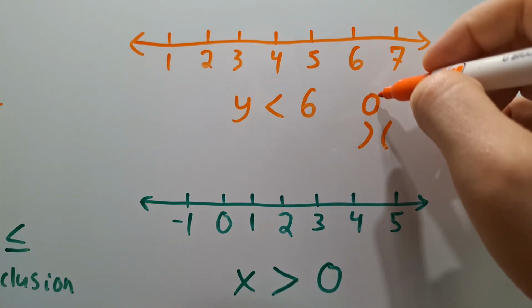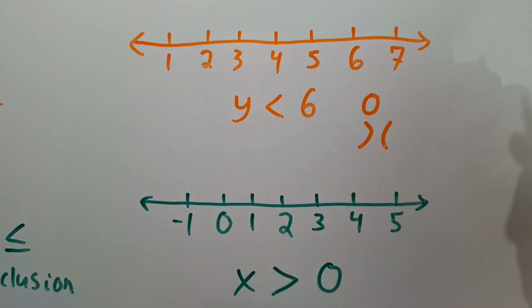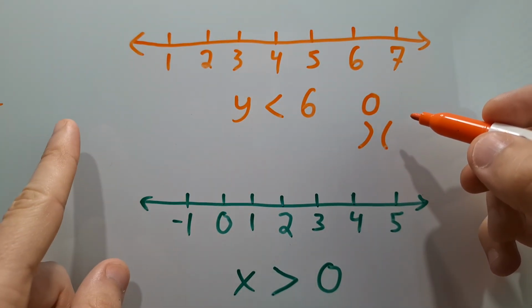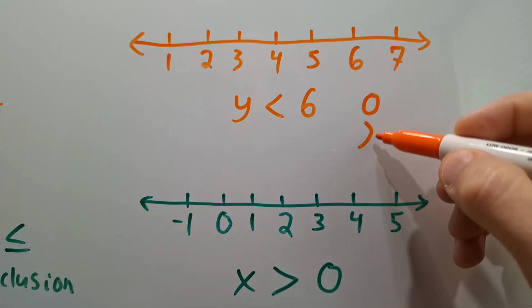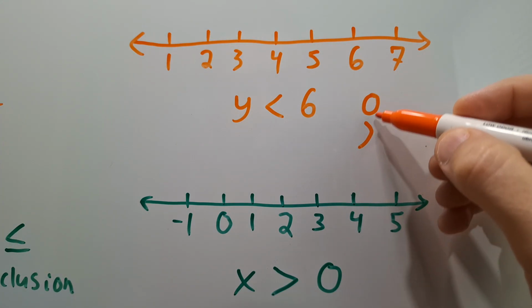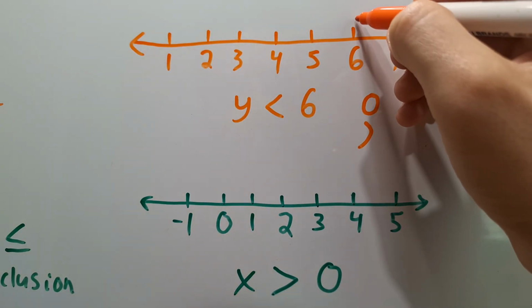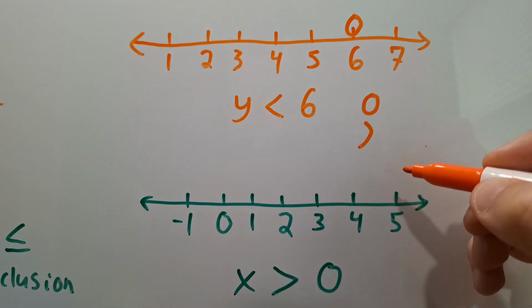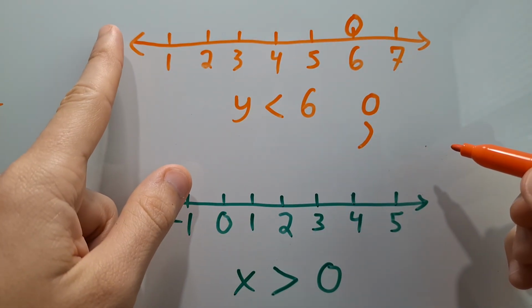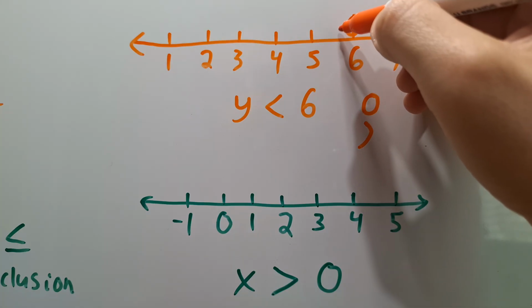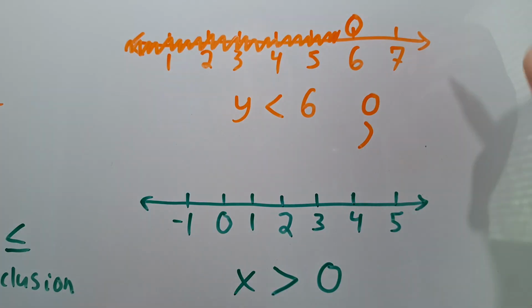What you would do is you would draw either of these symbols, not this one, because we're talking about values that are smaller than 6. So either one of these, the open circle or the open parenthesis, are acceptable. I'll use an open circle. And then what you do is you will shade on the number line in that direction. Just like that.